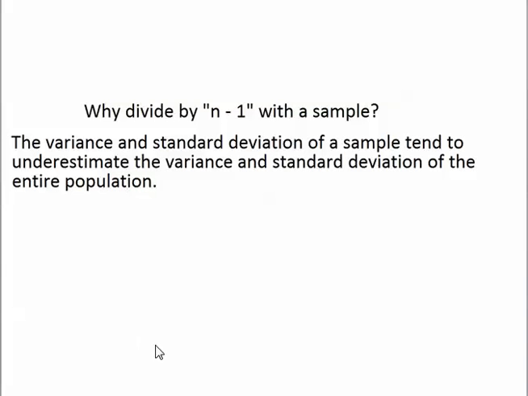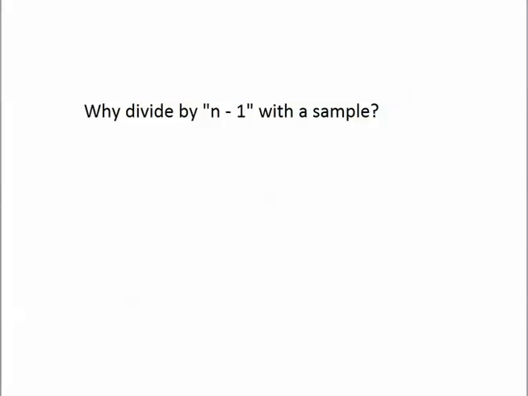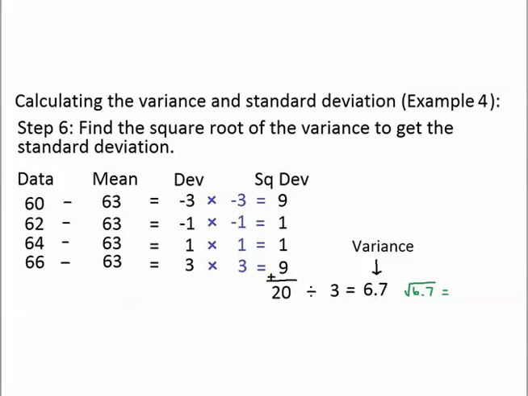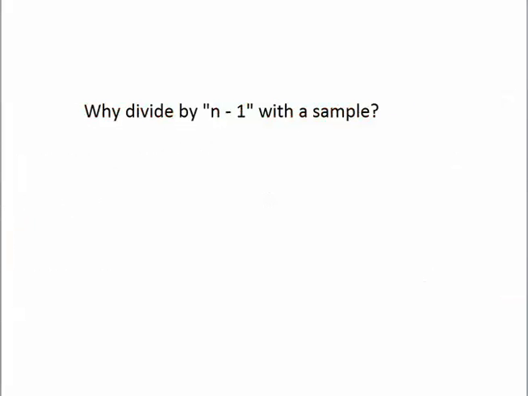So we have to have a way to deal with this problem. And the way that we deal with that problem is that we use an adjustment to raise the variance and standard deviation of the sample up higher so that they better estimate the variance and standard deviation of all population members. Let's take a look at what happens when you divide by n minus 1.